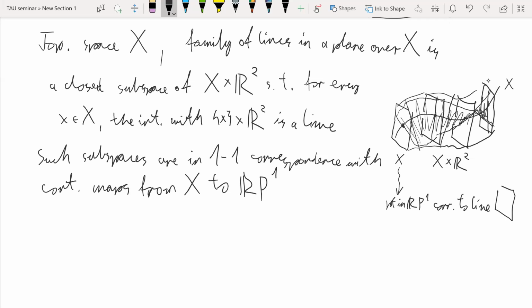In this picture, it will be this line here. And every other point can be mapped to RP1 this way. And it turns out that for any such family of subspaces, we have such a map which is continuous, and conversely, any continuous map is going to give rise to such a space.